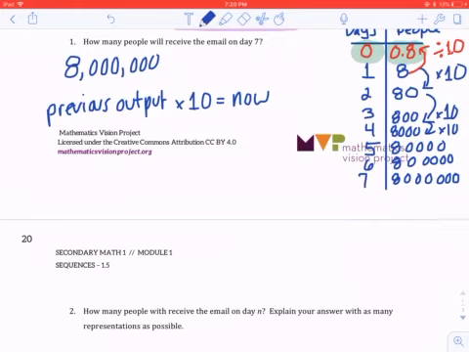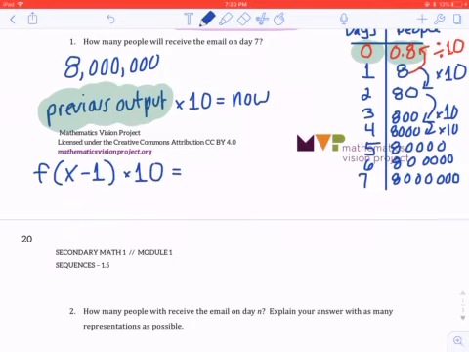Now, if you remember from yesterday, if we wrote this in function notation, when we see previous output, we're going to replace that now. We're not going to write previous output out. We're going to write f of x minus 1, which means previous output, times 10 gets us to where we are now, which we represent with f of x, the output we're looking at right now.